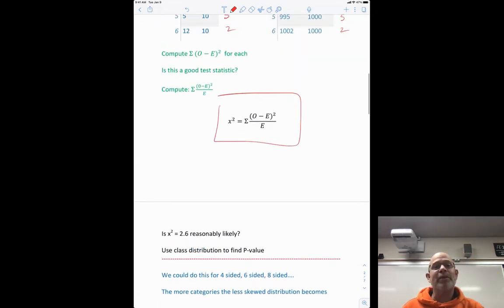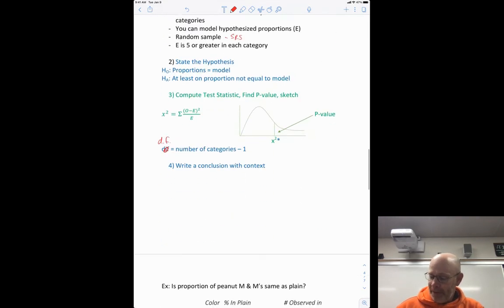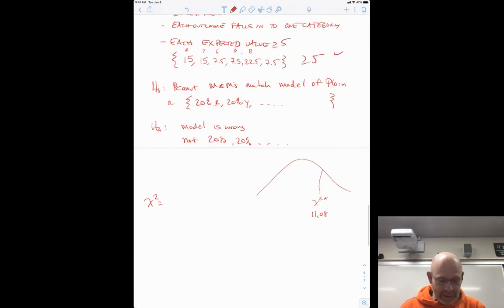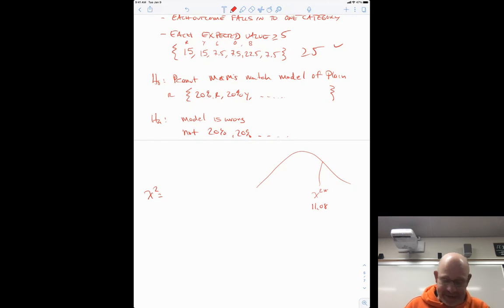Observed minus expected squared over expected, right? So now I got to divide it by my expected, which is my list 2. Now I have all those numbers. I just want to add them up. So I'm just going to go to stat, calculate one variable statistics on list 3, add them all up, and that's my number, which is 18.04.